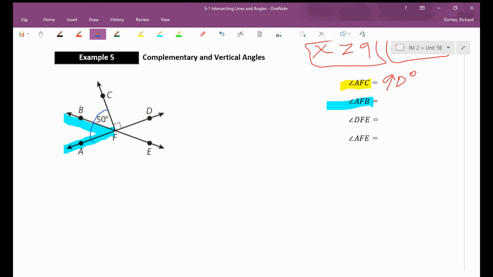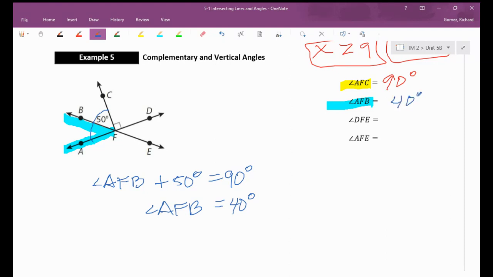So angle AFB plus angle 50 degrees has to equal 90 degrees. That's what we just showed. So angle AFB has to be 40 degrees if we subtract 50 on both sides. So we can see that angle AFB is 40 degrees.